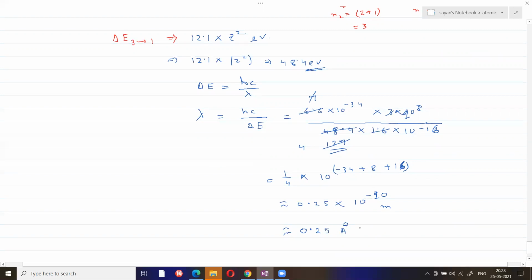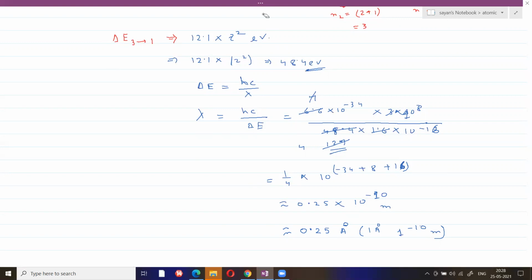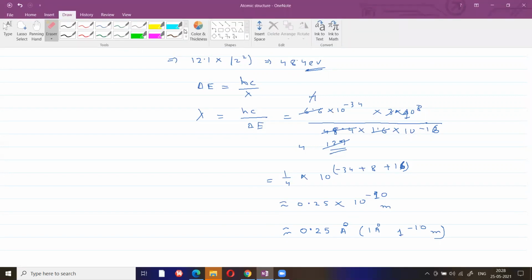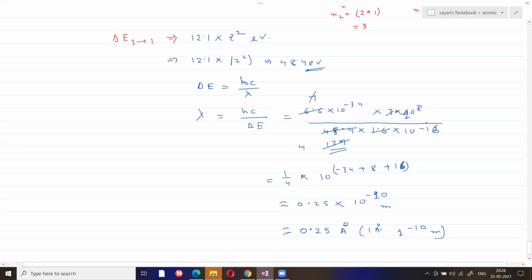Because 1 angstrom equals 10 to the power minus 10 meter. Any doubt regarding this part? Any doubt regarding this calculation? Is this part clear?